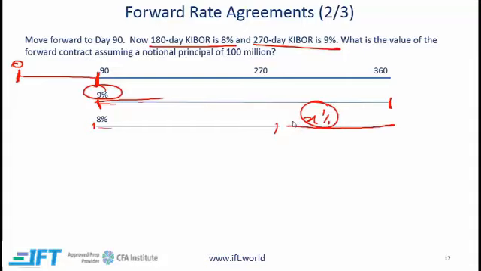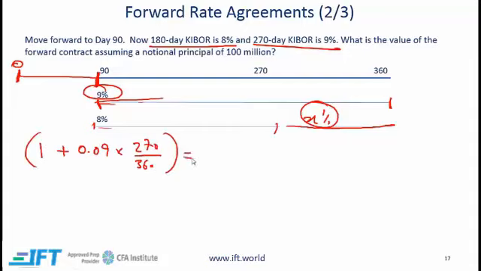We use the same calculation. We say that 1 plus 0.09, and now this is not 1 year, so it needs to be de-annualized. 1 plus 0.09 into 270 over 360.